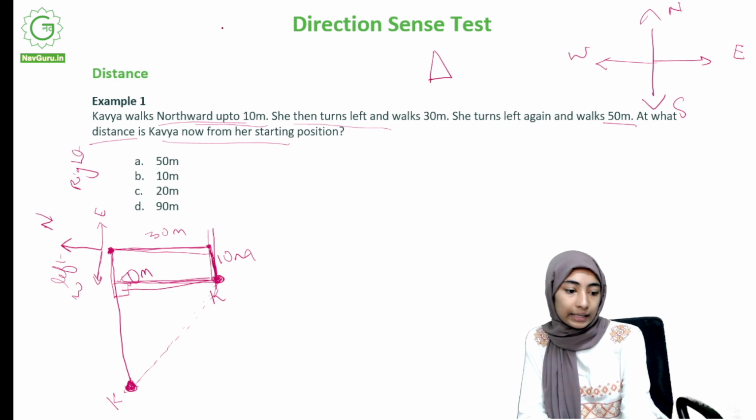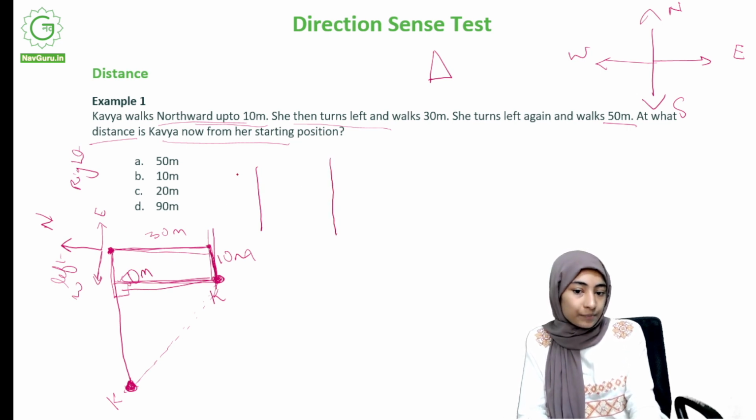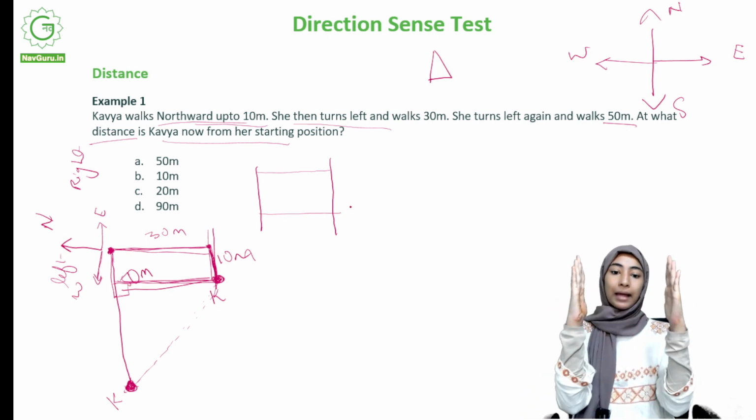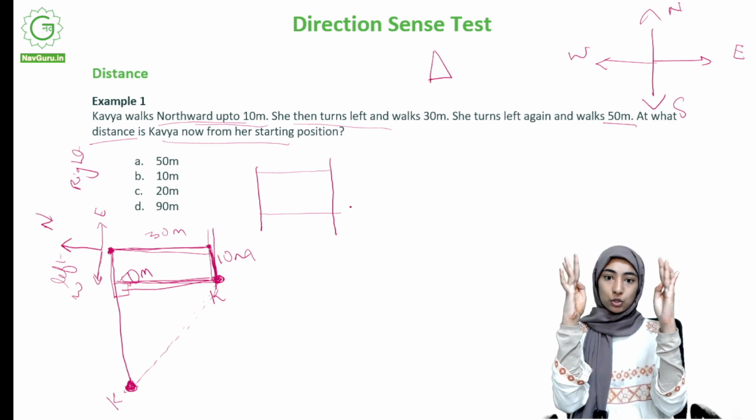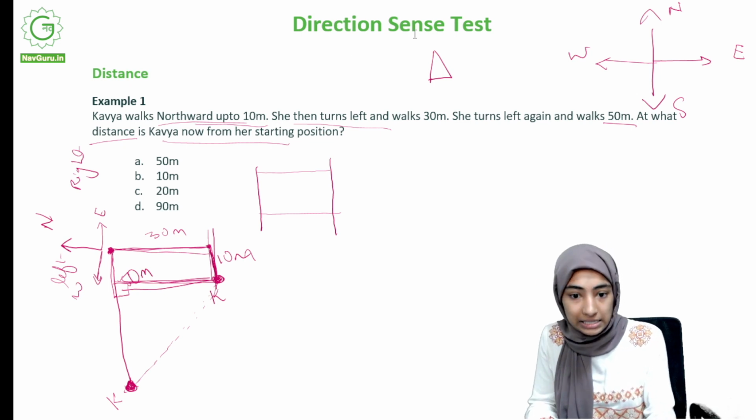I will draw it here. You have two points from the same line. If these are two parallel lines, the distance here and the distance here will be the same, right? If I keep my hand like this, the distance between these two points of my hand and these two points of my hand will be the same because these are parallel lines.